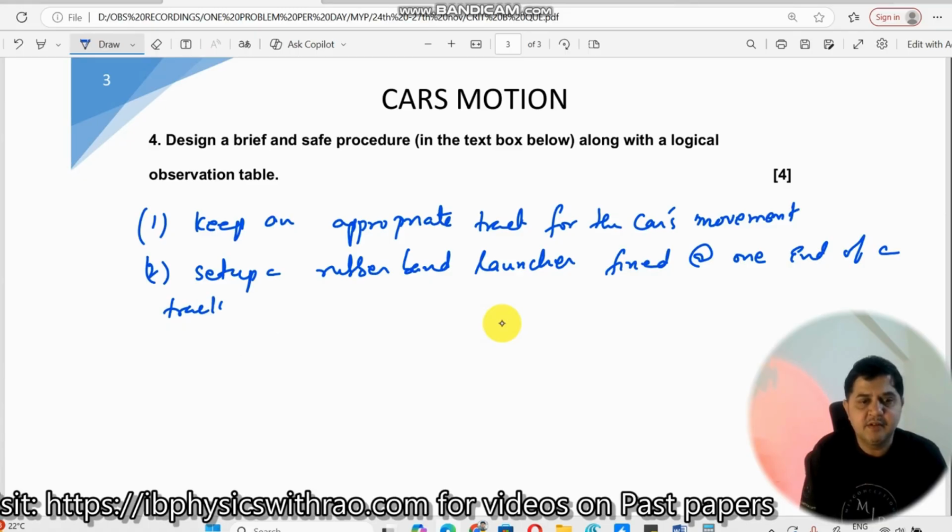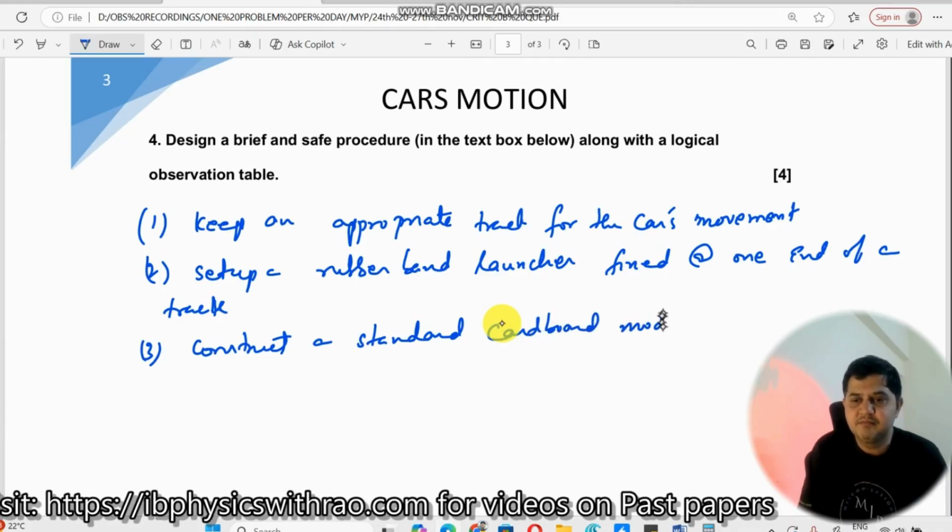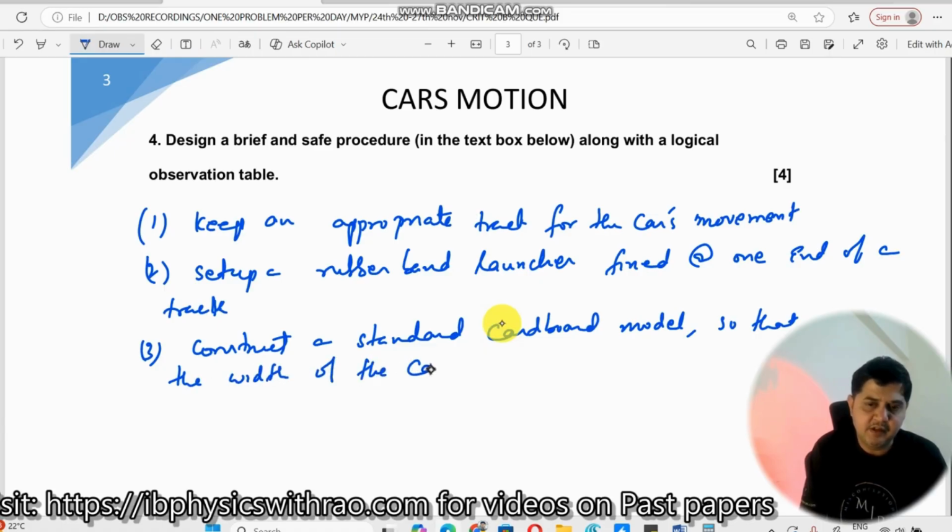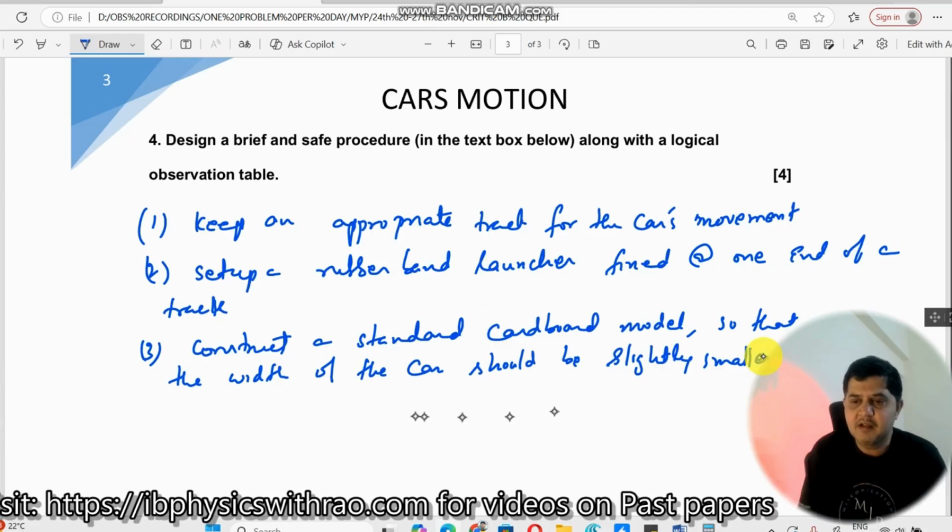And then after that, construct a standard cardboard model car so that the width of the car should be slightly smaller than the width of the track.